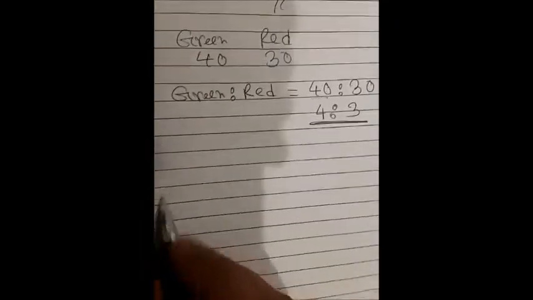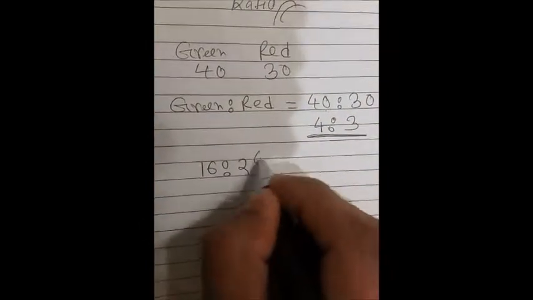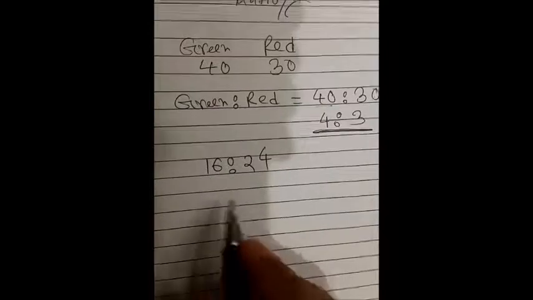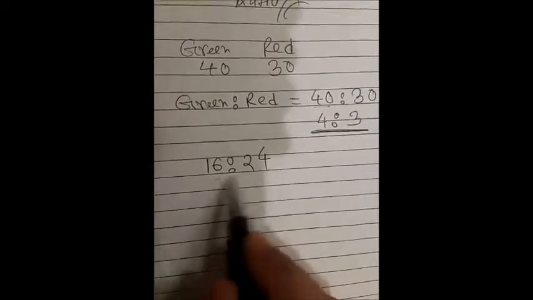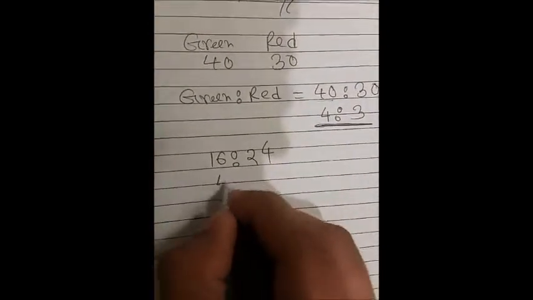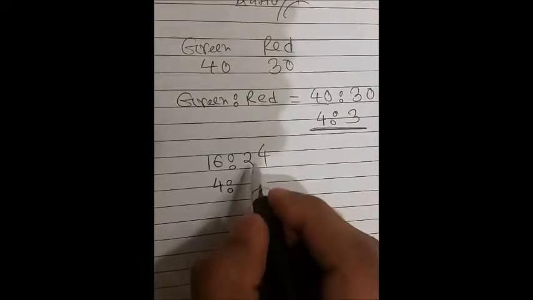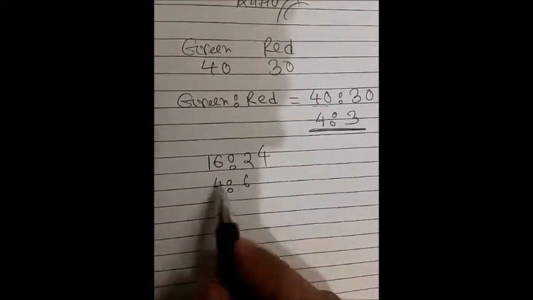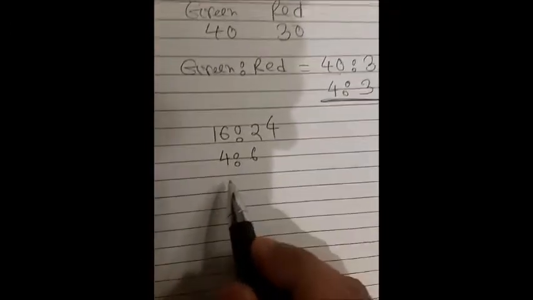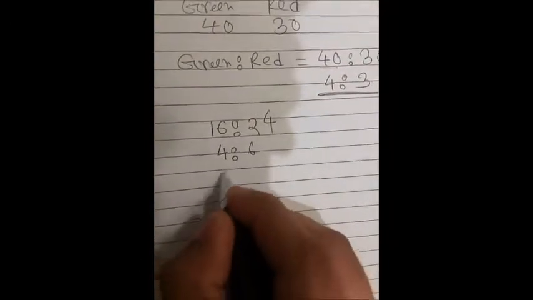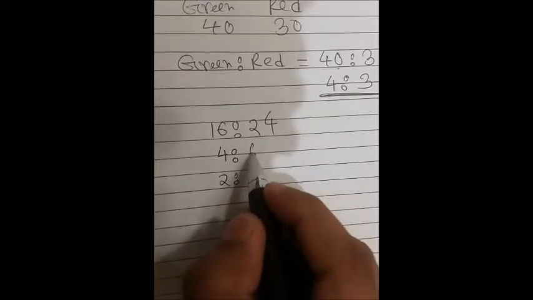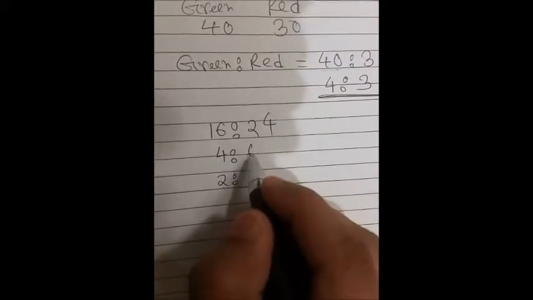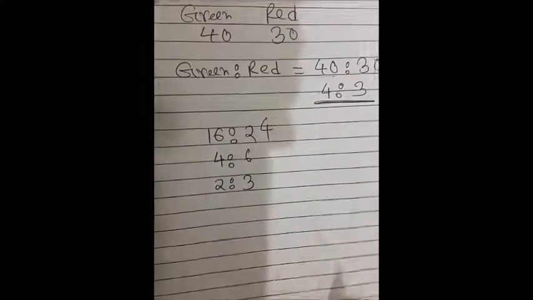Similarly, let's say there is a ratio 16 to 24, then how can we simplify? If we divide both by 4, then it's 4. If I divide this one by 4, then it's 6. So 4 to 6. We can simplify a bit more. If we divide by 2, then it's 2. If I divide this 6 by 2, we have to do the same, I'll get 3.